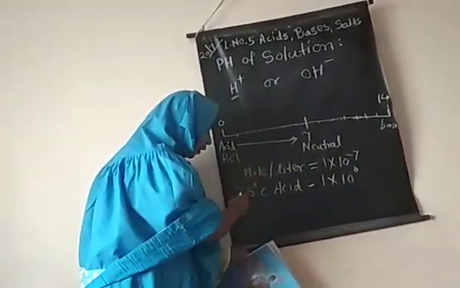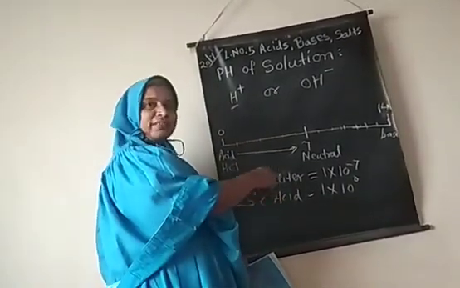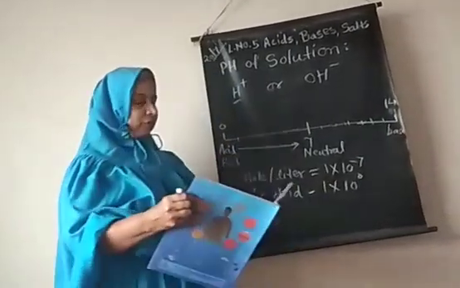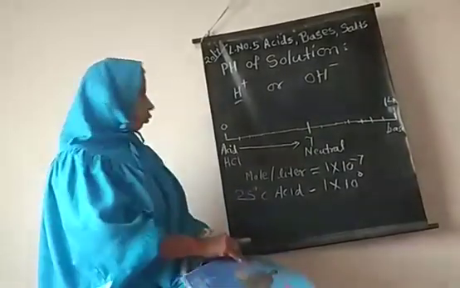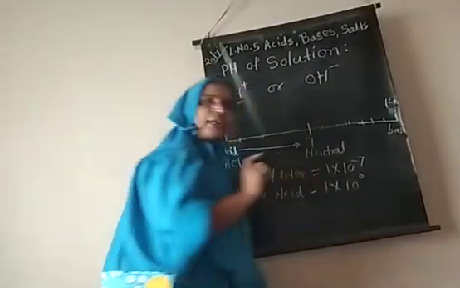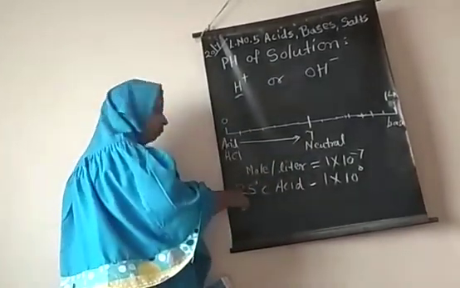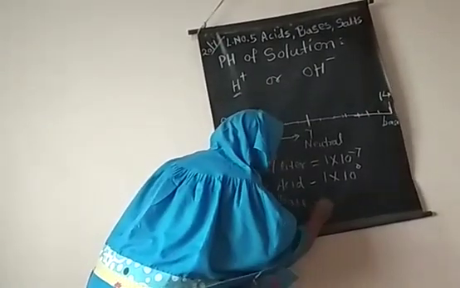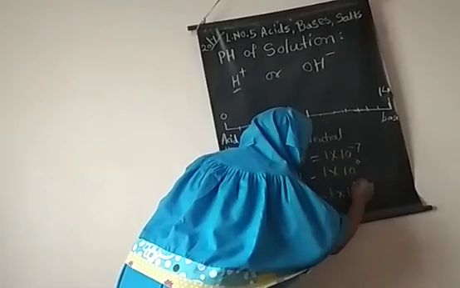So at 25 degree centigrade, 1 mole of acid gives the pH value, that is, it is converted into the molarity of the solution, 1 multiplied by 10 raised to 0 in case of acid. At the same temperature, in case of base, it is 1 multiplied by 10 raised to minus 14.